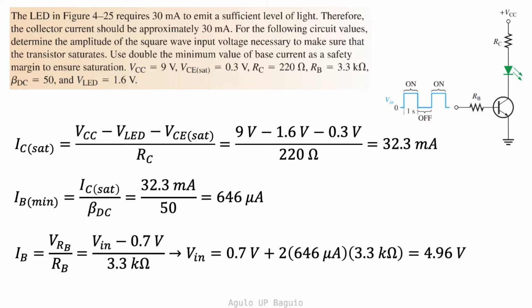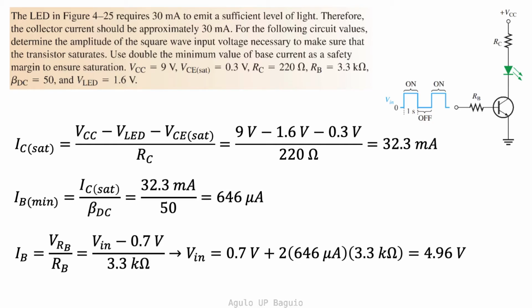Vin is equal to 0.7 volts plus 2 times 646 microamperes times 3.3 kiloohms. Remember that we are putting in a factor of 2 since we are required to use double the minimum value of the base current as a safety margin to ensure saturation. Thus, the input voltage required is 4.96 volts, or 5 volts.